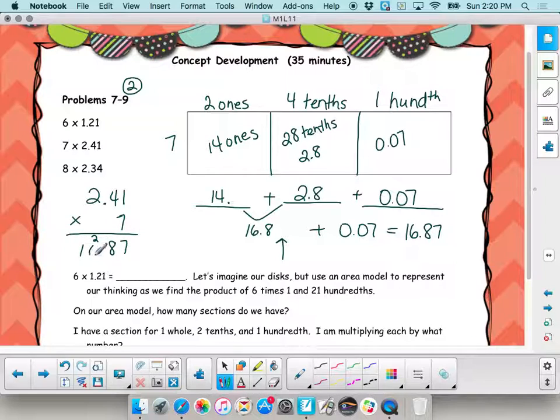Plus 2, 16. 2 digits to the right of the decimal. So my answer is 16 and 87 hundredths. And that's what we got when we did the area model.